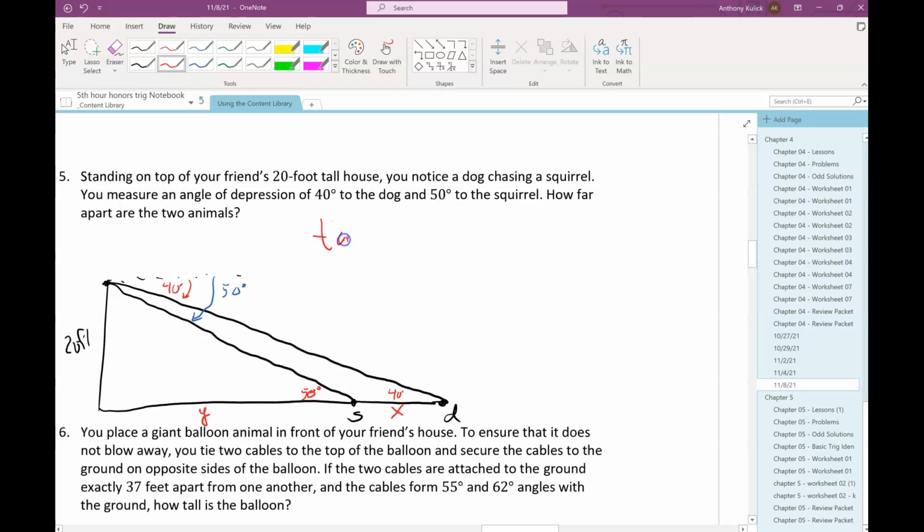So I can say tan of 50 is going to equal opposite over adjacent. And that's going to allow me to solve for y.